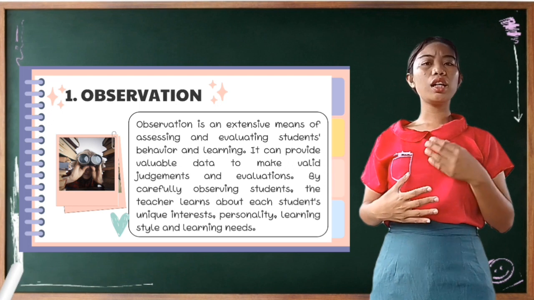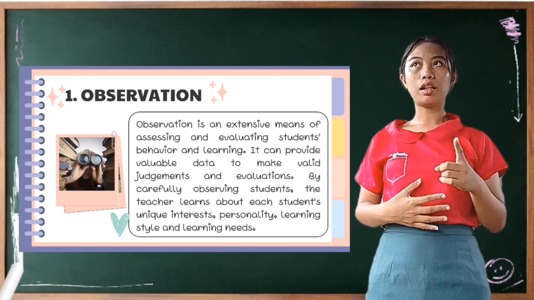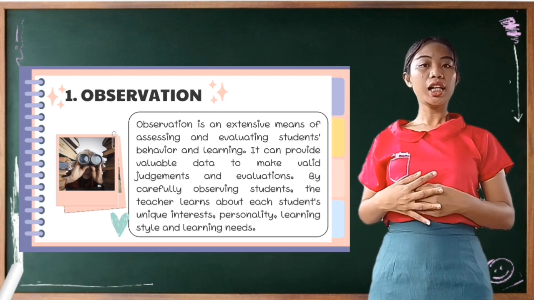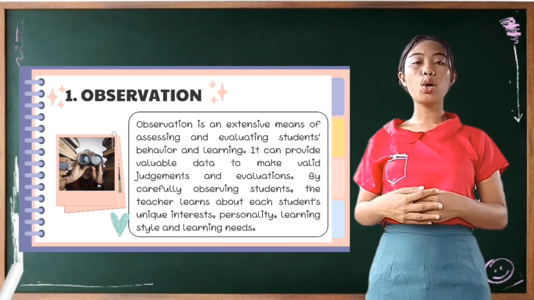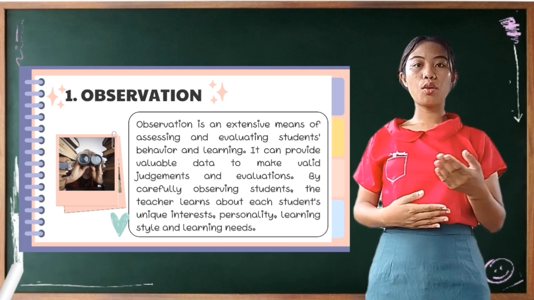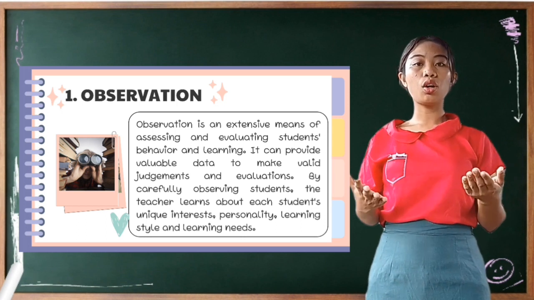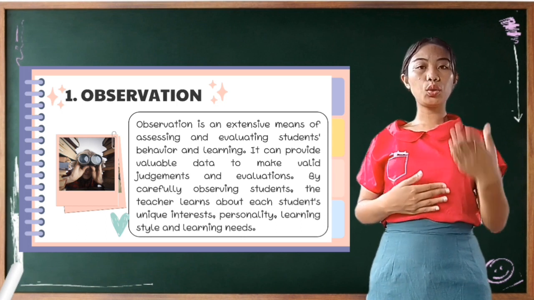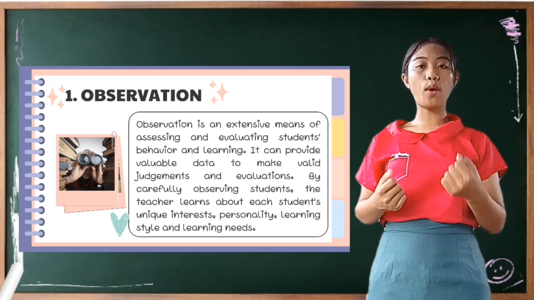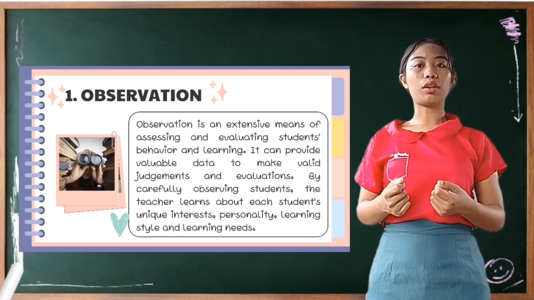According to one website, observation came from a Latin word observere, which means to attend to or note or regard, wherein you as a teacher are required to pay attention.